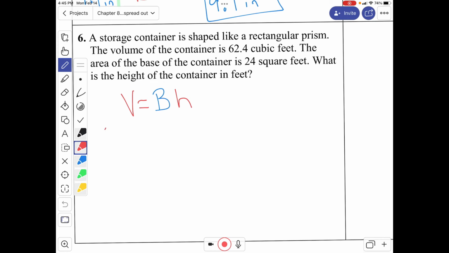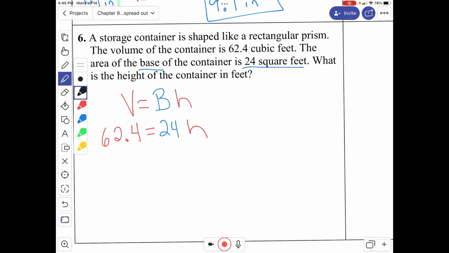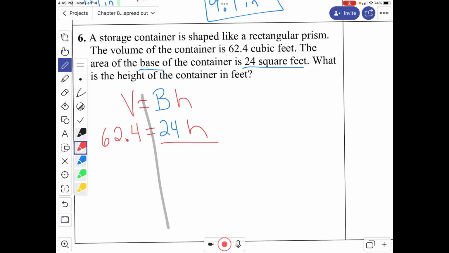And this time they gave me the volume, which is 62.4. I put that underneath the V. And they gave me the 24 square feet. That's the area of the base, so that goes under the capital letter B. And we don't know the height. So just like the last one, we're going to use those equation skills and solve for H. So this is multiplication. We do the opposite, which is division.